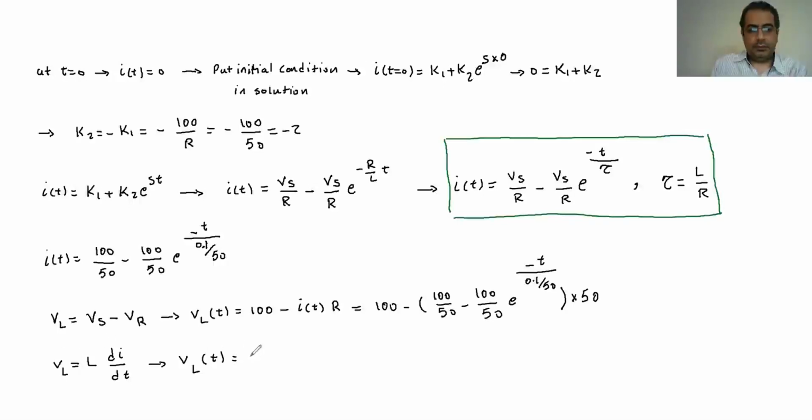Is the L, which is going to be 0.1 times d over dt of that here. So 100 over 50 minus 100 over 50 e to the power of negative t divided by 0.1 divided by 50.